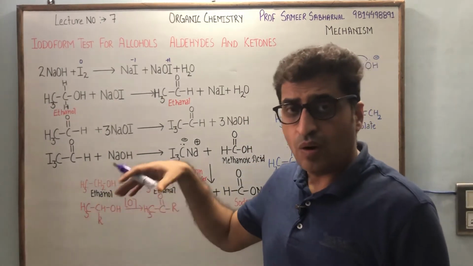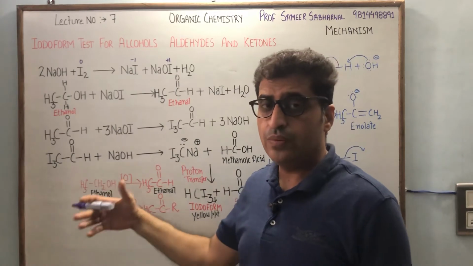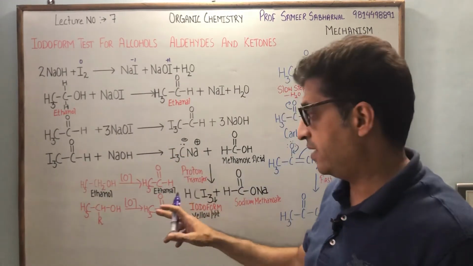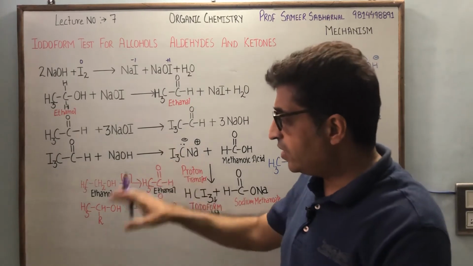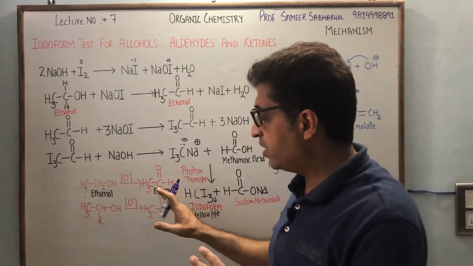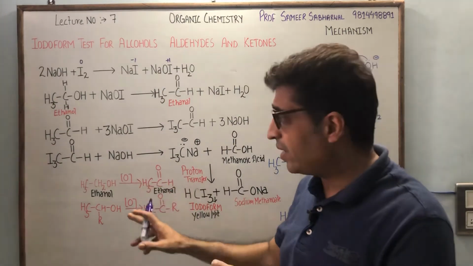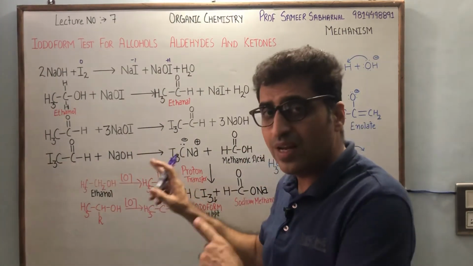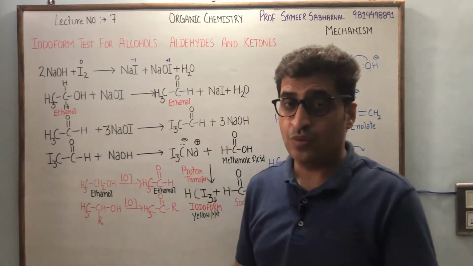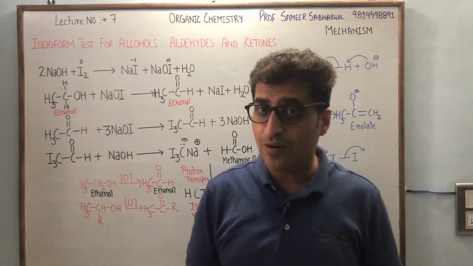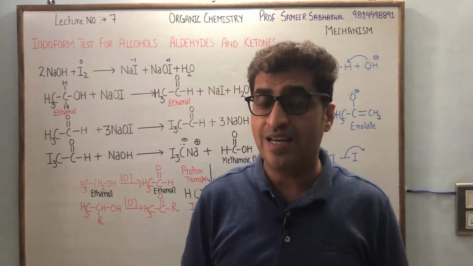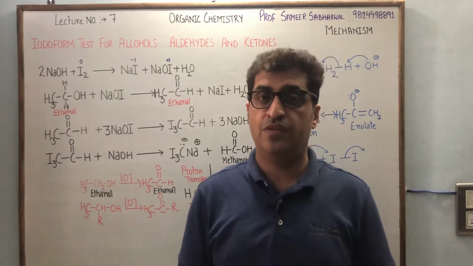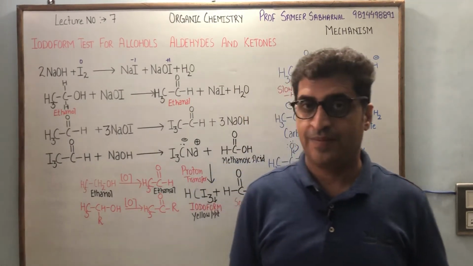Ethanol oxidizes to ethanal. So during this reaction ethanol is oxidized to ethanal, which means this test is given by ethanol as well as ethanal. So out of primary alcohols it is only ethanol, and from aldehydes it is only ethanal which is going to give this test.